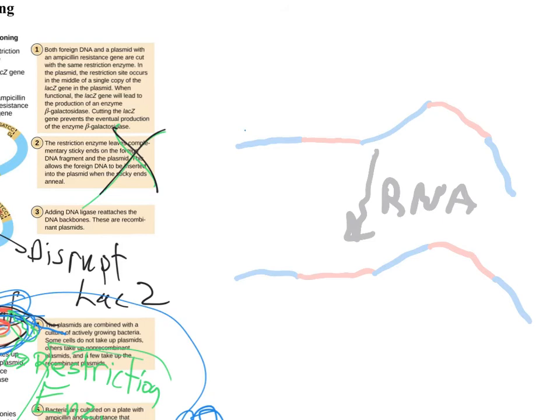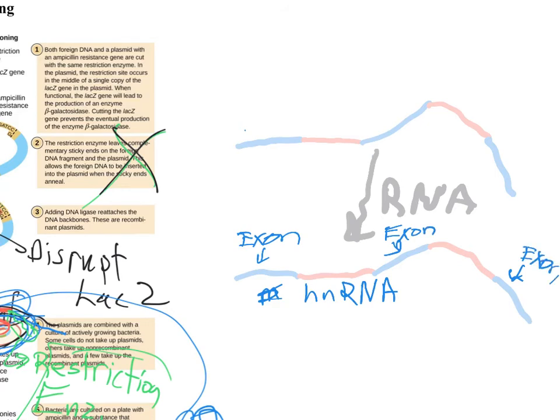At this point, we don't call it messenger RNA, we call it heteronuclear RNA. It contains the parts that encode for the proteins, which we call exons, because they express the protein. But then there's a part that needs to be removed, and those are called introns.